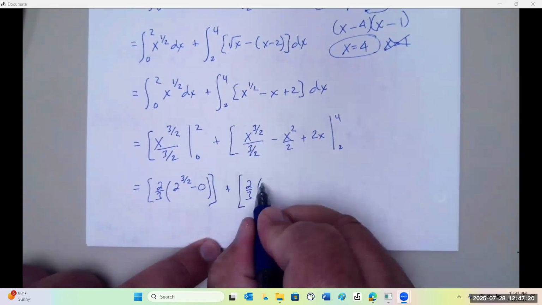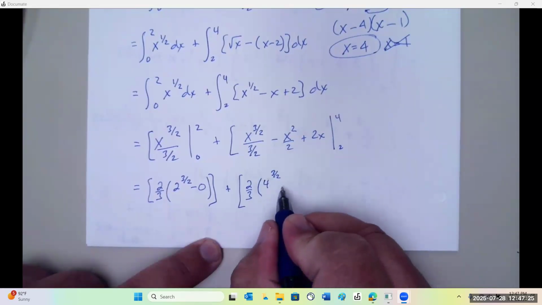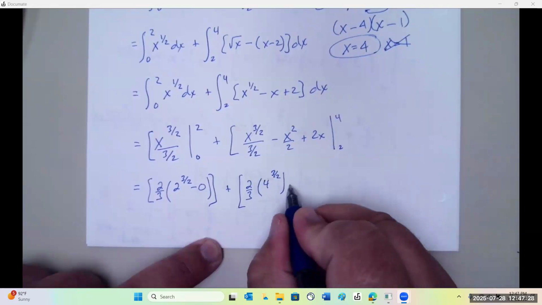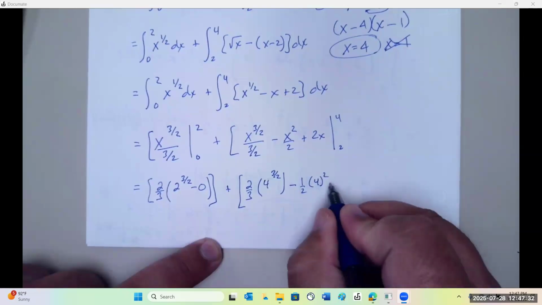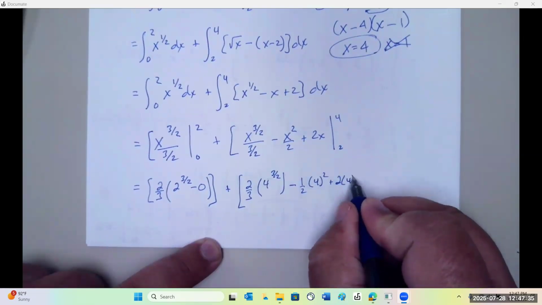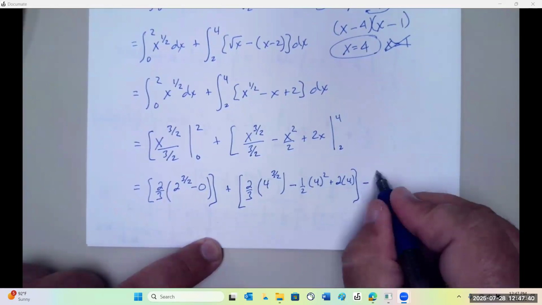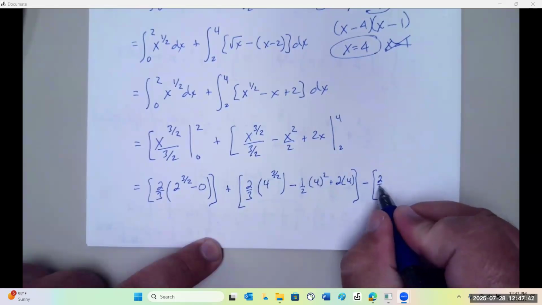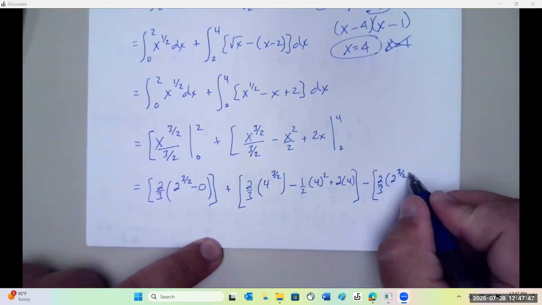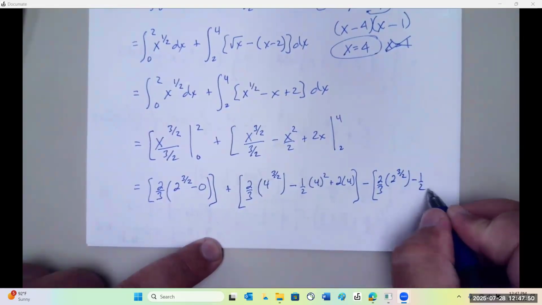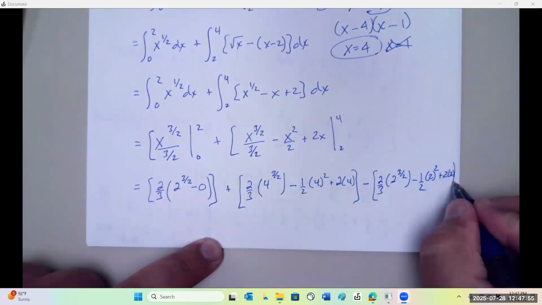We have 2/3 times 4 to the power 3/2 minus 1/2 times 4 squared plus 2 times 4, minus 2/3 times 2 to the power 3/2 minus 1/2 times 2 squared plus 2 times 2.